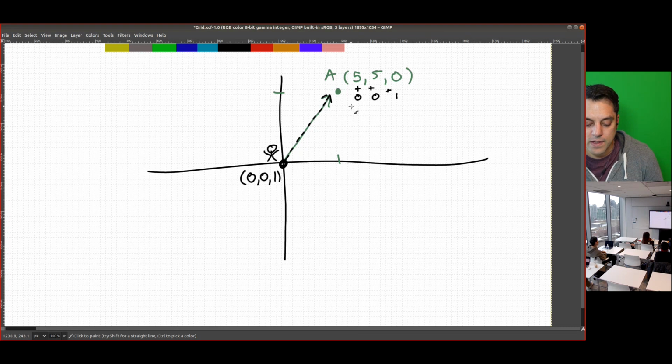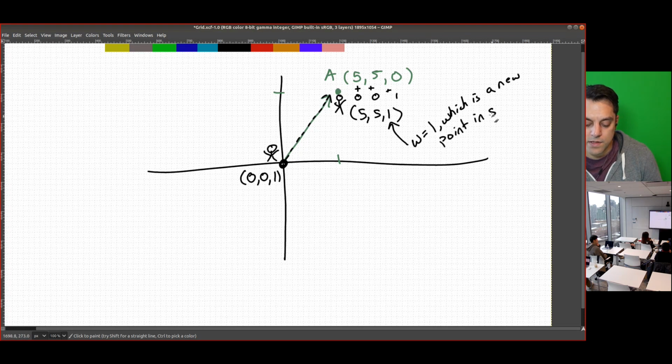Okay, that moves my person to the location 5, 5, 1. So what this 1, or W equals 1, preserves is a new point in space. This is where my person moved. Does that make sense for folks?